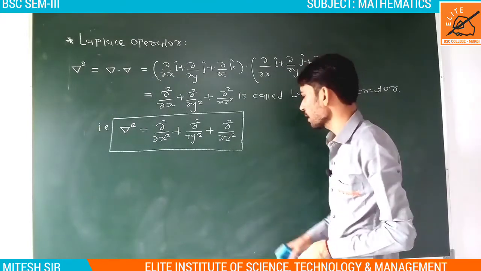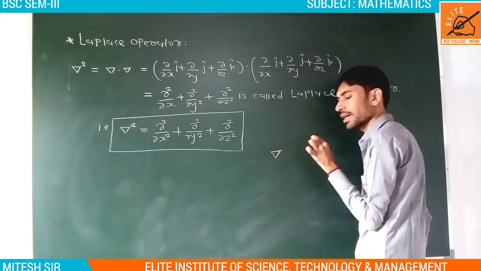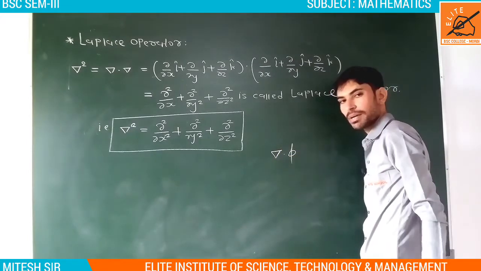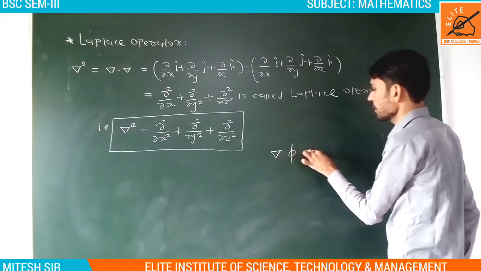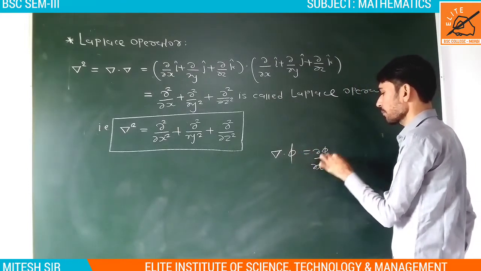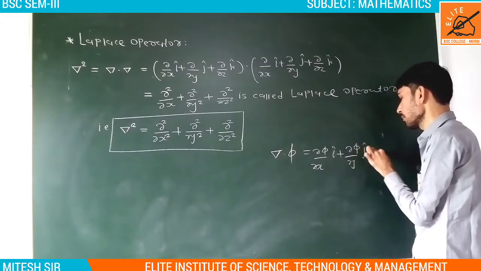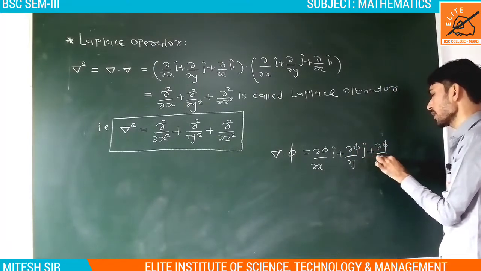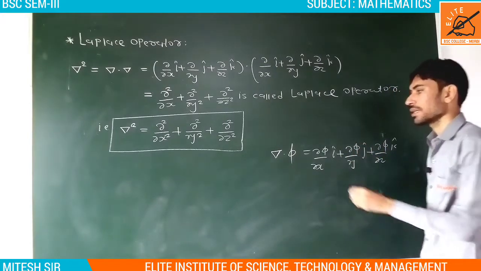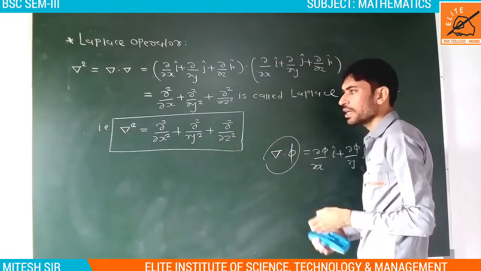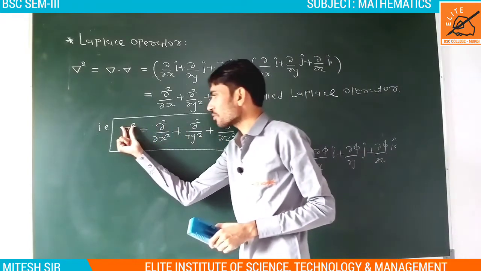So friends, just as we defined the operator nabla earlier, and then its product with the scalar function phi, our formula was del phi by del x i cap plus del phi by del y j cap plus del phi by del z k cap, and this nabla phi is called the gradient. Similarly, here we define nabla square into phi.